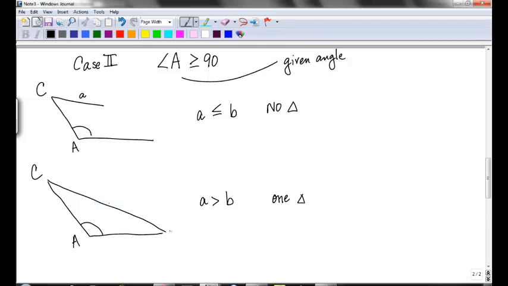This would be C, this would be B, A, B. If side A is greater than or equal to B, it would end up touching down here one time. So you have one triangle. Now I want to go through an example or two, and then we're going to shortcut it for the card.